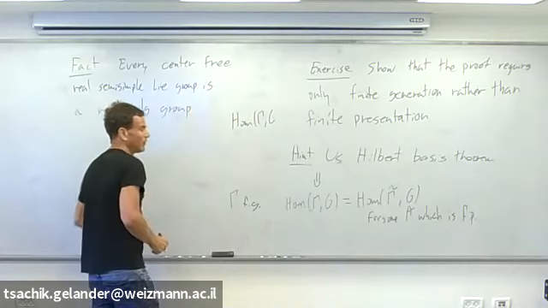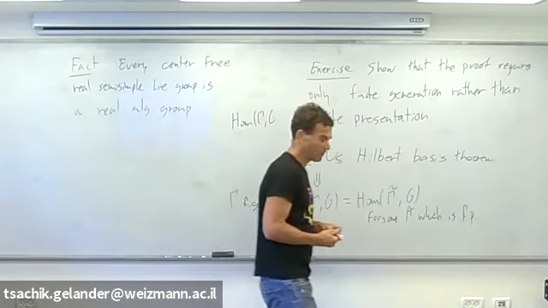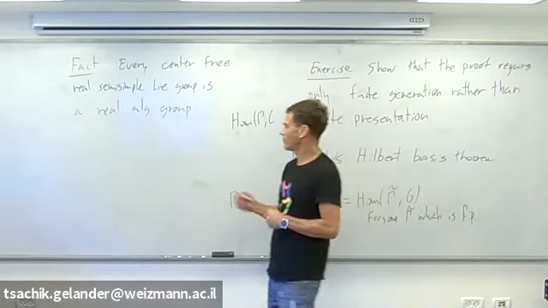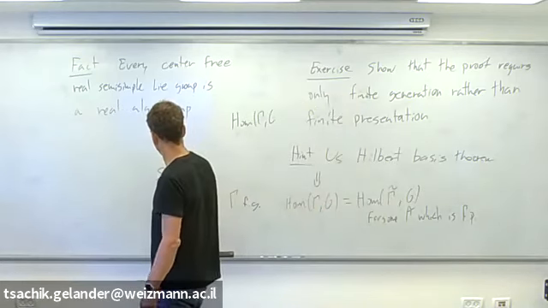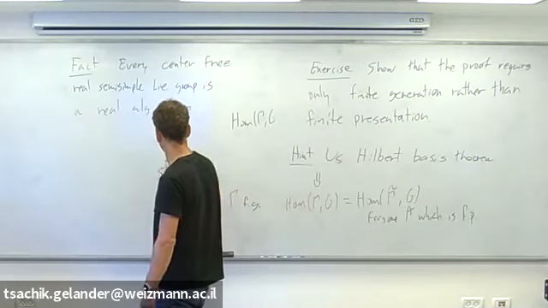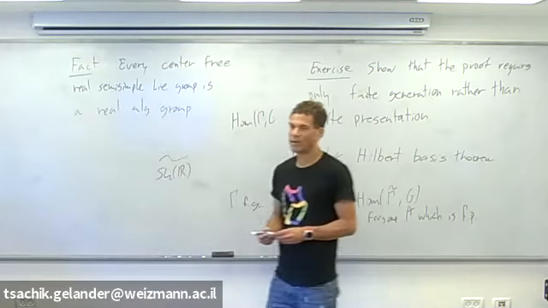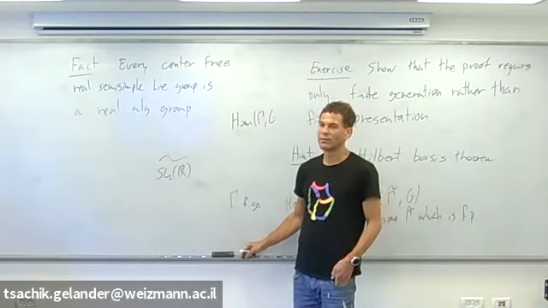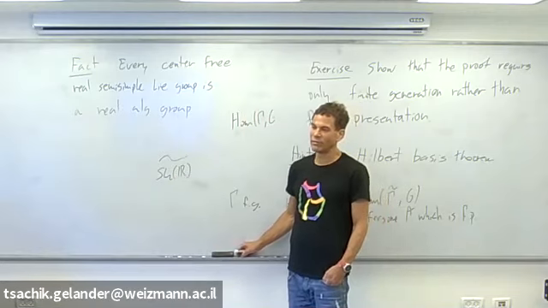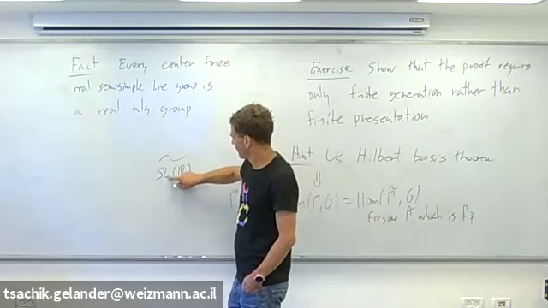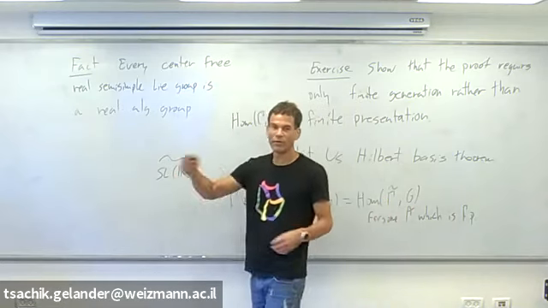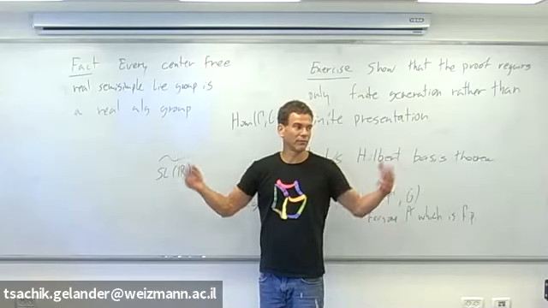But you need center free, because if it's not center free, then it's not true. For instance, I mentioned the universal cover of SL2(R), which is not algebraic because it has infinite center. The fundamental group of SL2(R) is just cyclic.